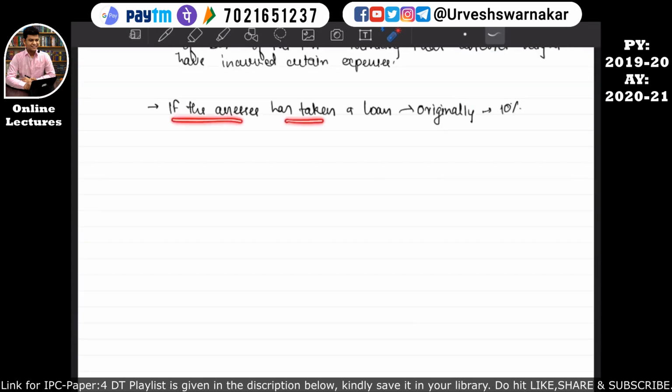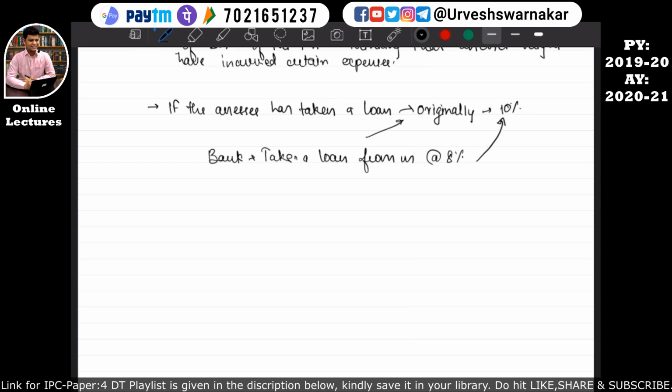So the original loan was at 10%, and now he has got an offer from a bank that says take a loan from us at the rate of 8% and we will pay off your old original loan entirely, and interest will be payable at 8%. This is a benefit for the assessee, because earlier he was paying 10% interest and now he has to pay only 8%.